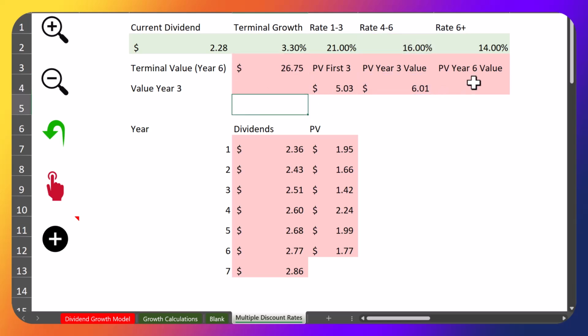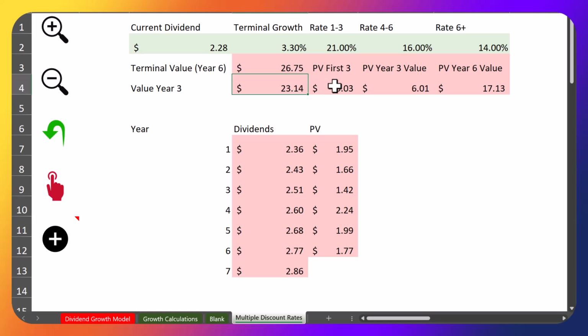Let's do this. PV of year 6 value, take the terminal value, divide by 1 plus the rate that is used in the second portion, for 3 years. So value at the end of year 3 is PV of year 3 values plus that.